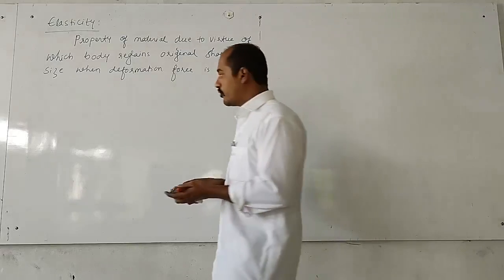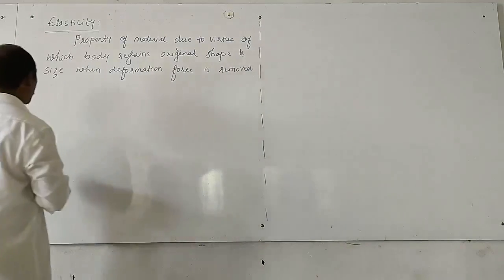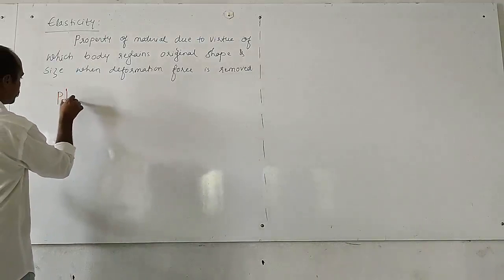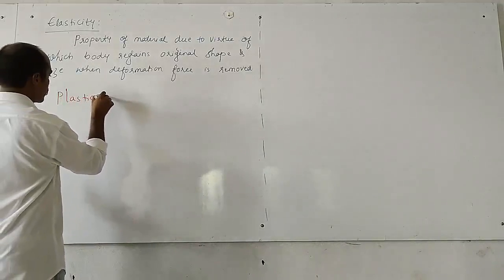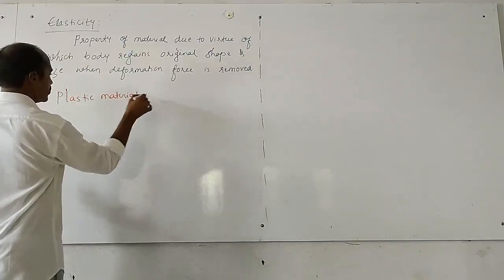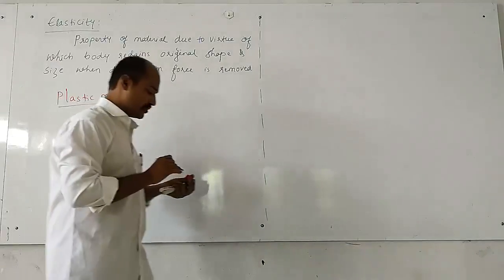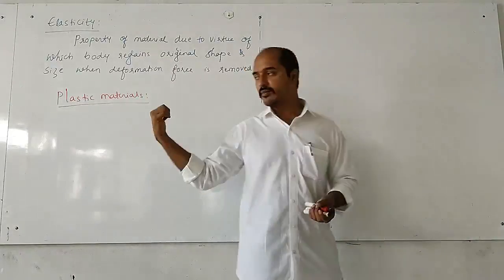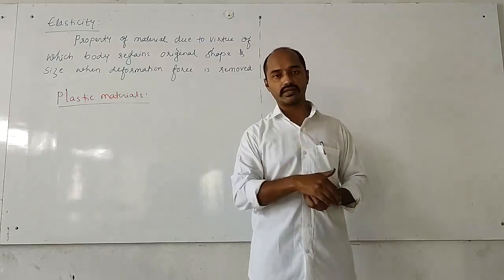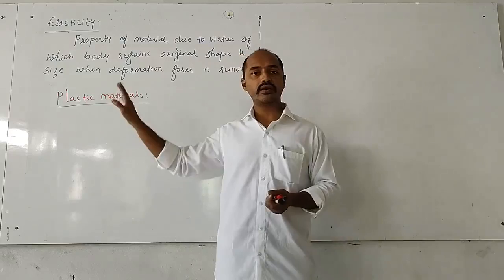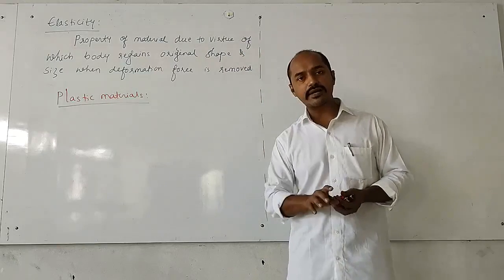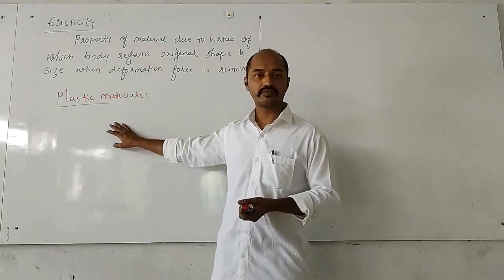Next, let us go to the next kind of material, that is plastic material. What do you mean by plastic materials? There is only a small difference. Such materials never regain their original shape and size after removal of deformation force. Such materials are called plastic materials.